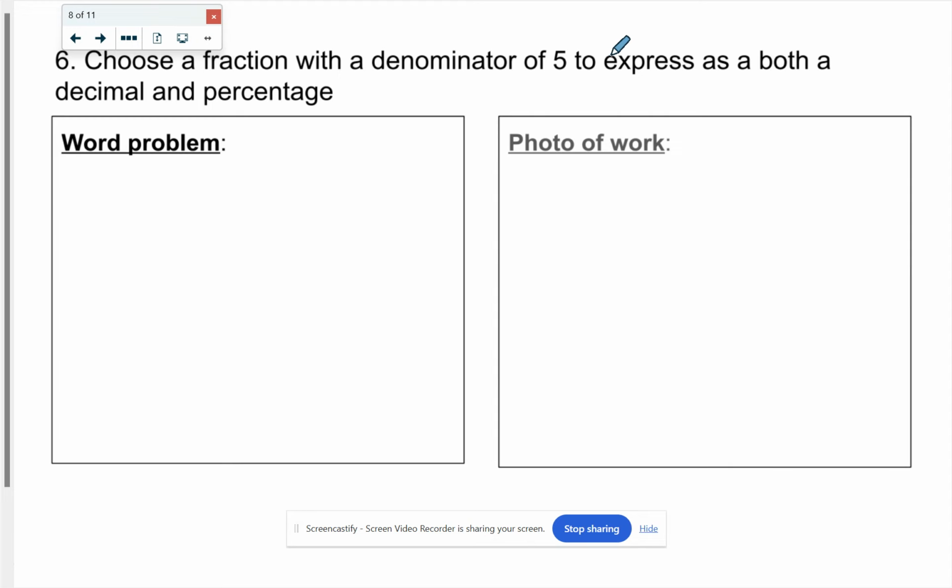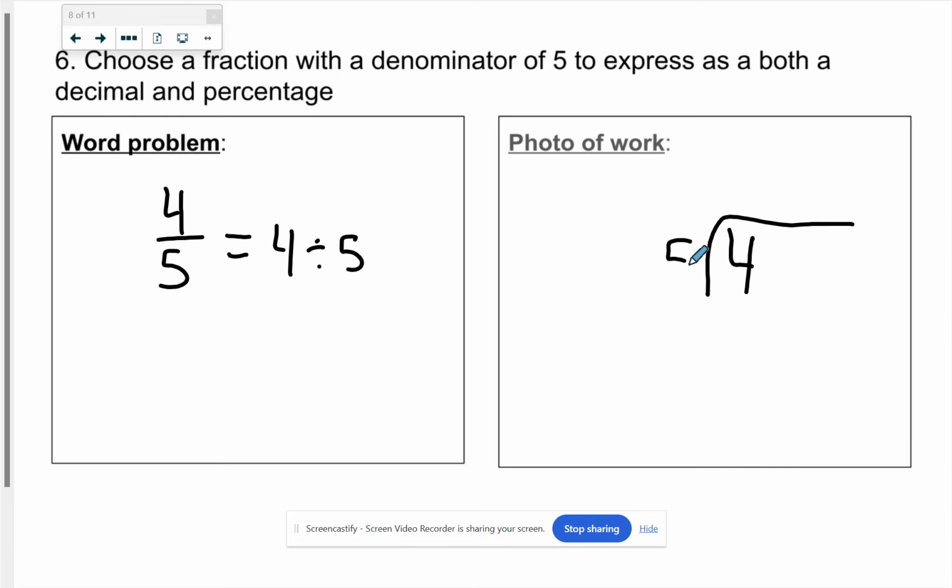Choose a fraction with a denominator of 5 to express as a decimal and as a percentage. Okay, so we need a fraction with a denominator of 5. I'm going to choose 4/5. So express as a decimal and a percentage. To get this as a decimal, we need to divide it out. Reminder, 4/5 means 4 divided by 5. If you remember from our lesson, the numerator always goes on the inside, the denominator on the outside.